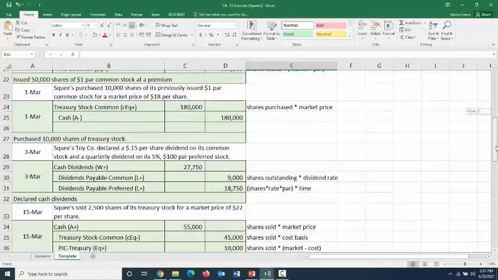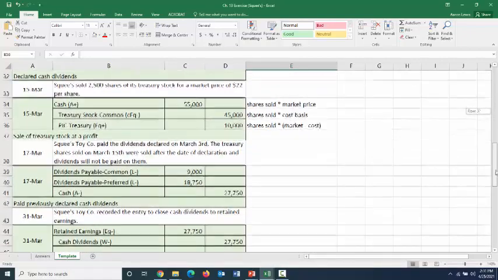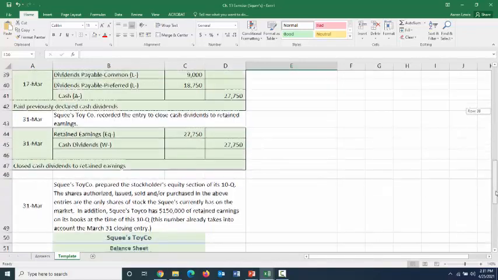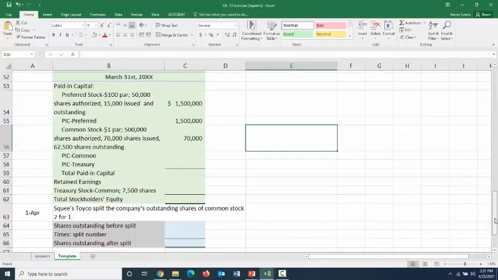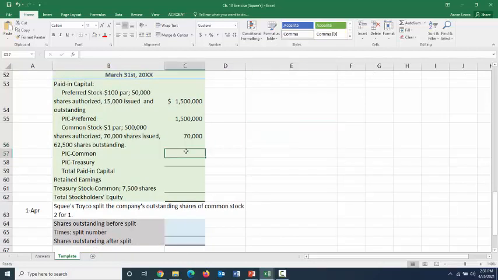And scrolling down through, we have no other entries to PIK common throughout the quarter that we are listed for. So the balance of our PIK common account is therefore $1,230,000.